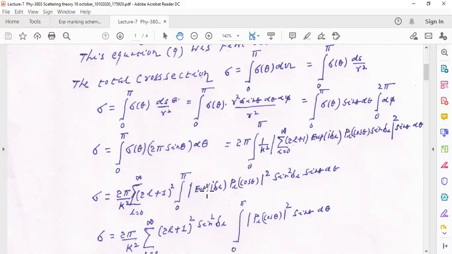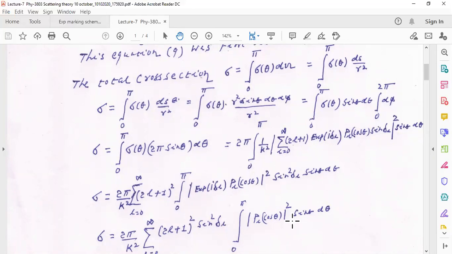That gives you e to the power of 0, which is 1. That is why it is 1. The term which remains is PL of cos theta whole square, and sine square delta l, we took outside because it is independent of theta. So you have the term PL cos theta whole square sine theta d theta.